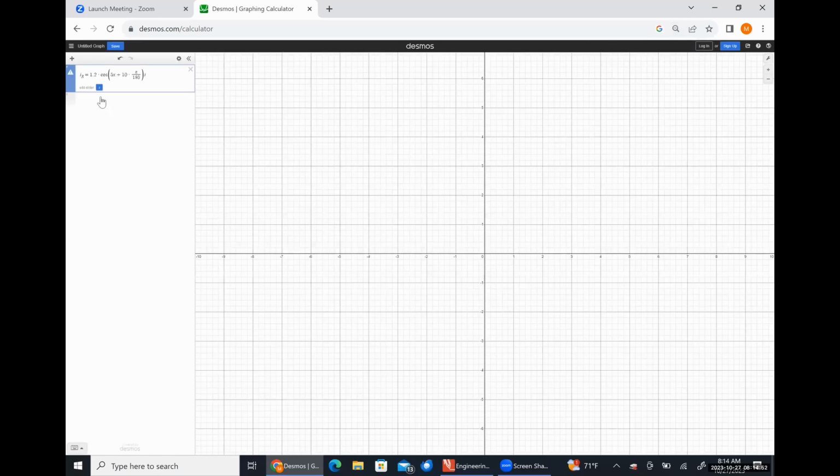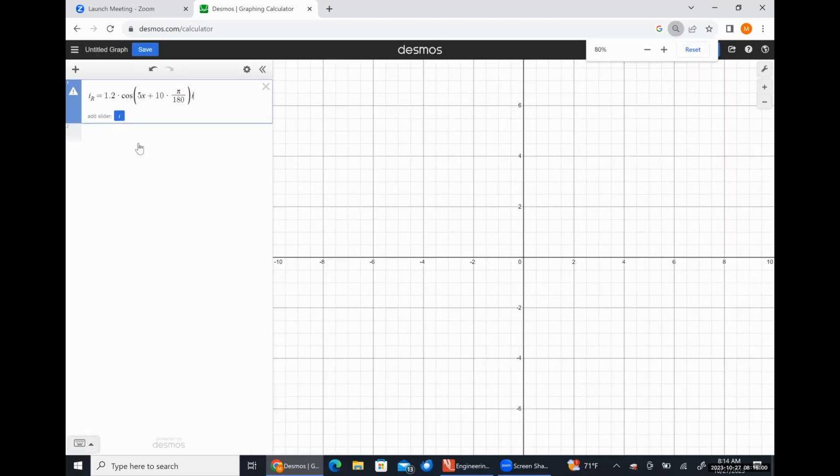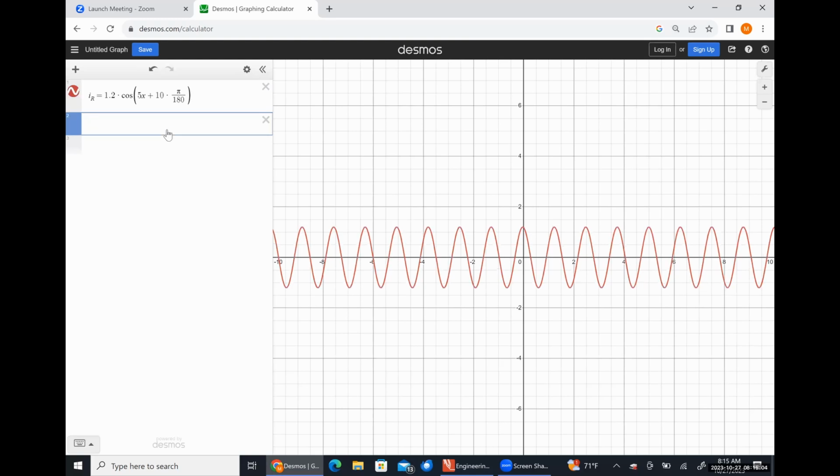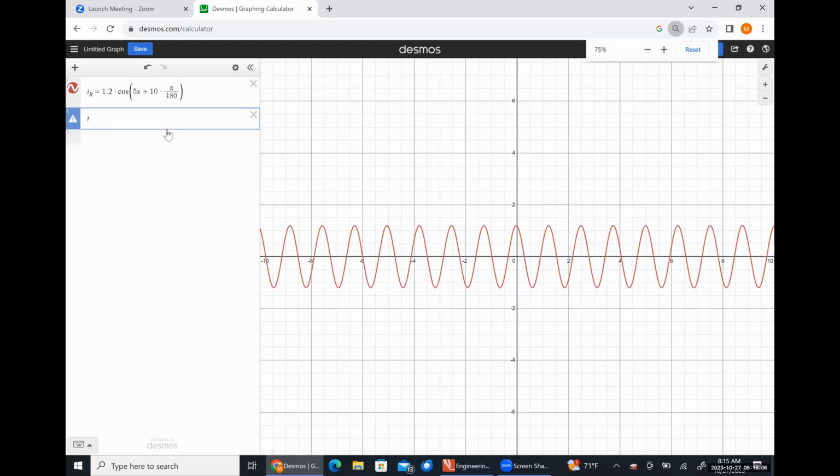Oh, goodness. I'm so used to MathCAD, I'm consistently making the screen smaller and smaller.